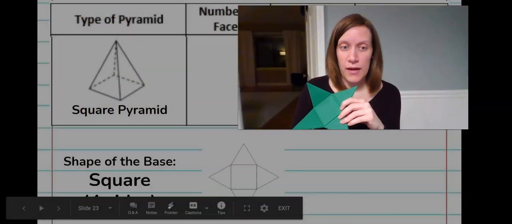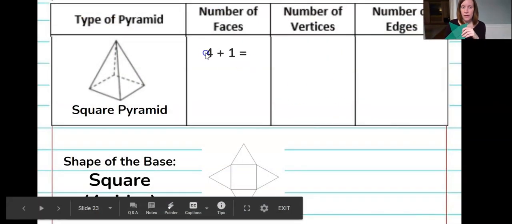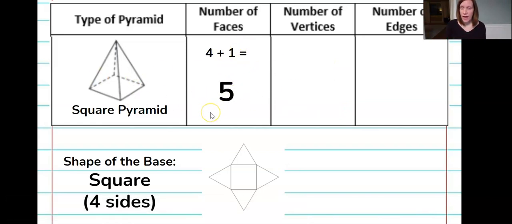That's going to tell us how many faces. 4 triangles plus our base, so we have 5 faces. Vertices is very similar. We know that the bottom of our pyramid is going to have 1, 2, 3, 4 vertices, and then a pyramid always has one common vertex at the top. So 4 plus 1 is 5 vertices. 1, 2, 3, 4, 5.